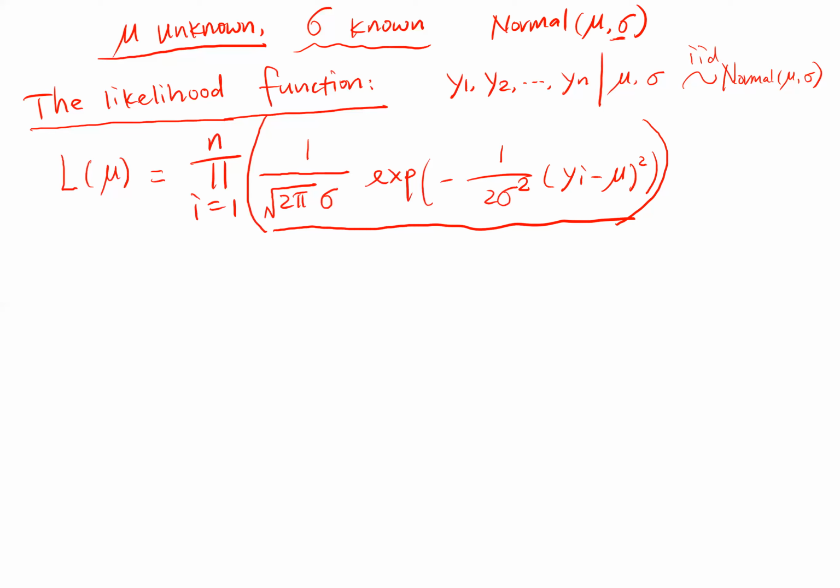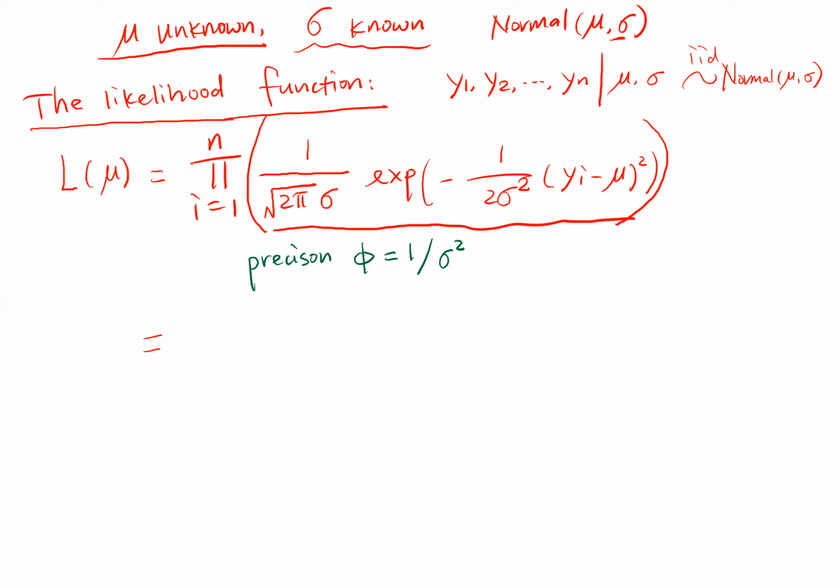Precision is 1 over sigma squared, the reciprocal of the variance. Right now we're going to work with this because it's easier for the derivation, and then we can see the results in a clearer way.